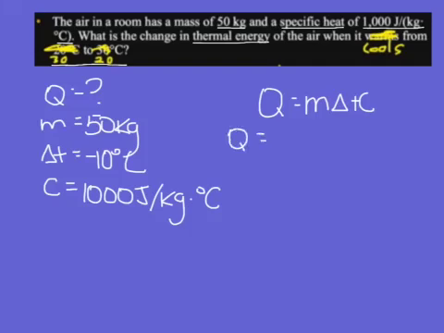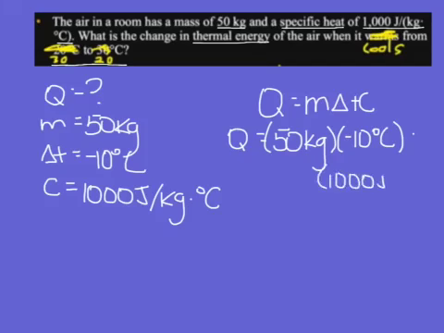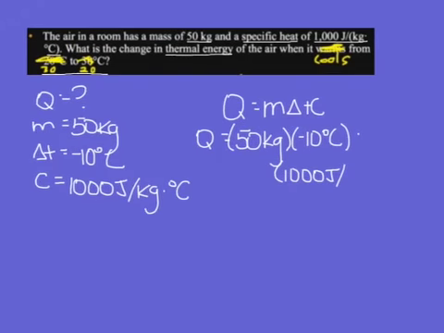So Q equals 50 kg times negative 10 degrees Celsius times, I'm going to come over here again because I don't have room, 1,000 joules per kg times degrees Celsius. There we go.